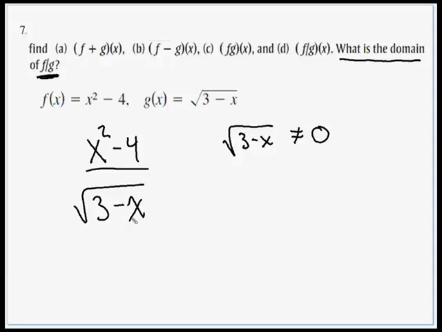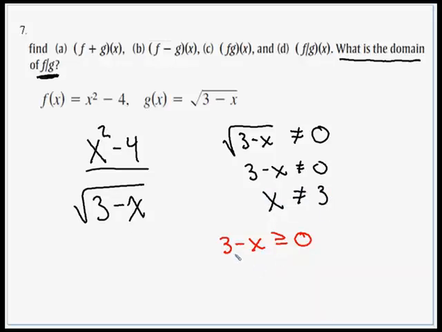And we also have a radical. And remember, we want what is under our radical, 3 minus x, to always be greater than or equal to 0. So to solve this first one up top here, I would square both sides. 3 minus x cannot equal 0. 0 squared is still 0. And we're going to add x to both sides. x cannot equal 3.